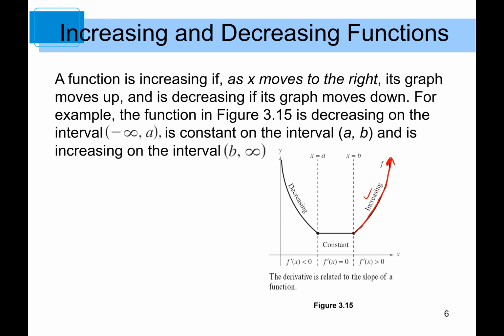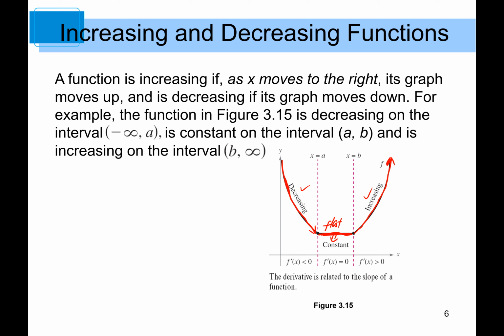And then as x moves to the right, the graph moves down like that. Then we know it's a decreasing interval. You move from left to right, it's flat, just like that. That means it's a constant interval.